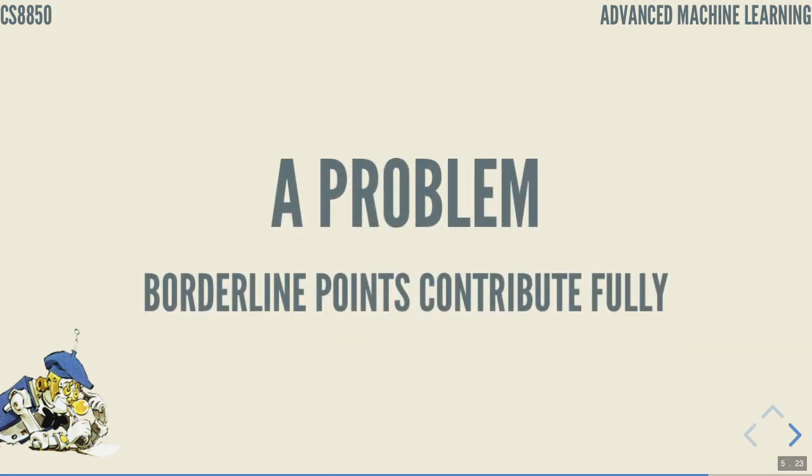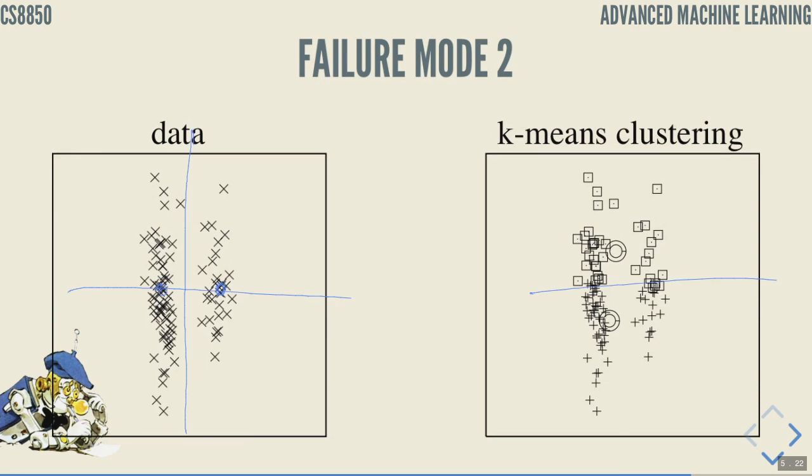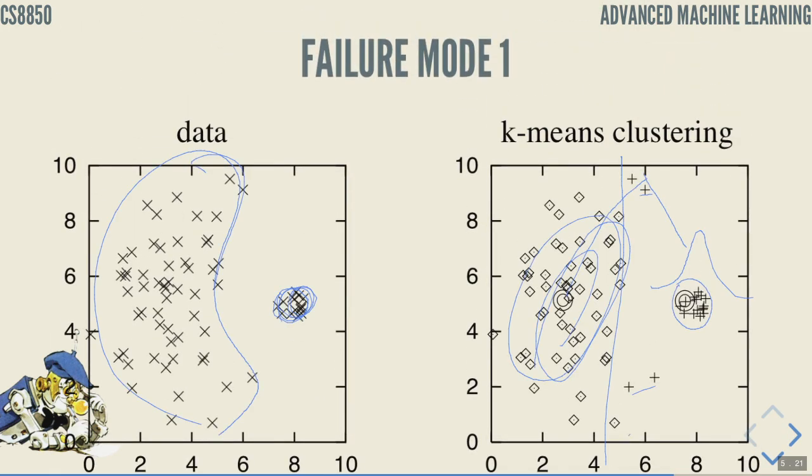Another problem, besides those couple of failure modes, is borderline points. Let's look at one of the examples. These are assigned to this cluster now, but they're so far away from it.